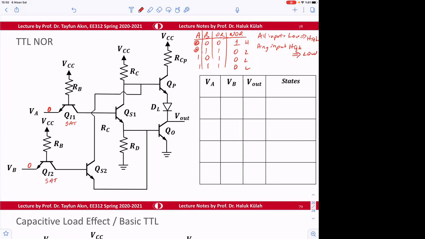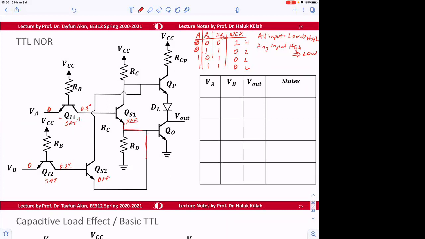If it is sat, then this is 0.2 volts, and this will be 0.2 volt. If this is 0.2 volt, what is QS1? Cutoff, off, yes. And what about QS2? This is 0.2. Off. That's also off. Good. So this one is off, and this one is off.